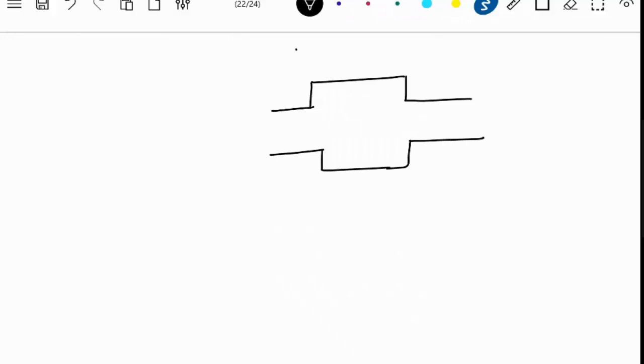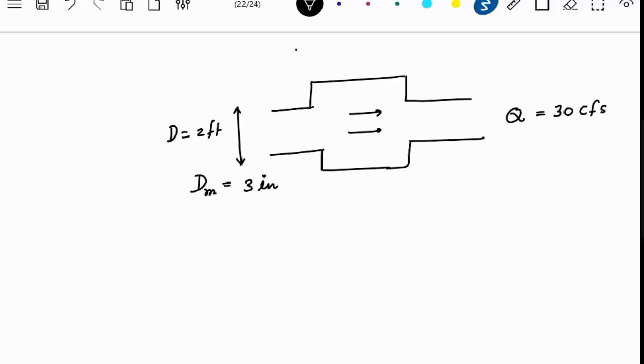So let's try to do this problem. We have something like this, and in this case this diameter is given, that is 2 feet, and the diameter in the model is 3 inch, and in the prototype the discharge is 30 cubic feet per second, and then you have to find what is the discharge in the model.